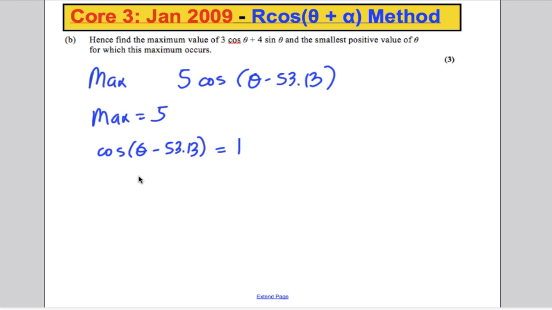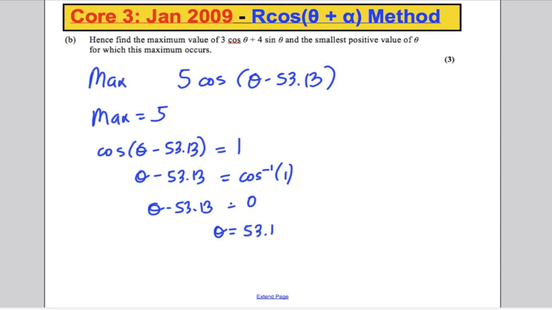So to work out the theta, you do inverse cos of 1, which is 0. So theta minus 53.13 is 0. Theta is therefore 53.13 degrees. That is the smallest positive value of theta where we get the maximum of 5.